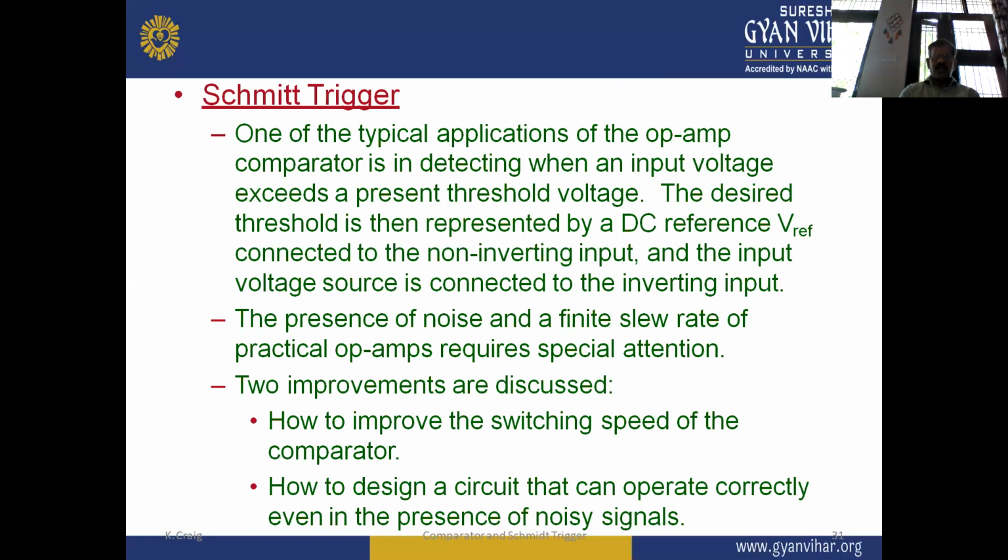The presence of noise and the finite slew rate of practical op-amps require special attention. So two improvements are discussed. First, how to improve the switching speed of the comparator, and second, how to design a circuit that can operate correctly even in the presence of noisy signals.